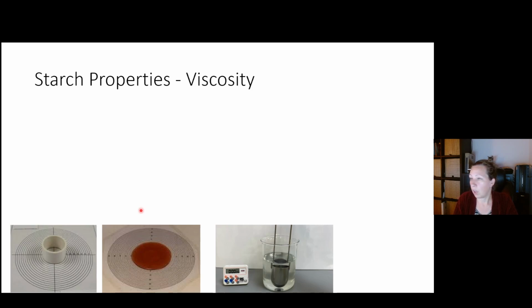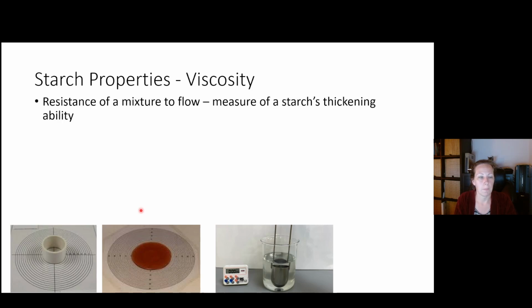Okay, so some properties of starch. The first one is viscosity. So viscosity is a pretty key term that you need to understand, because it's easy, even in my head sometimes, to get it flipped around and you think it means the opposite of what it means.